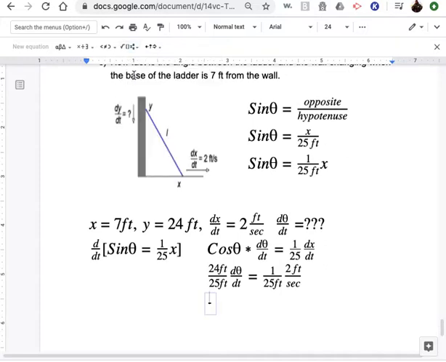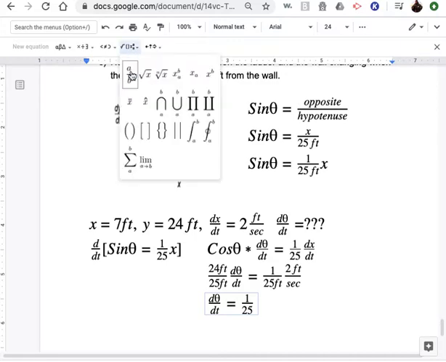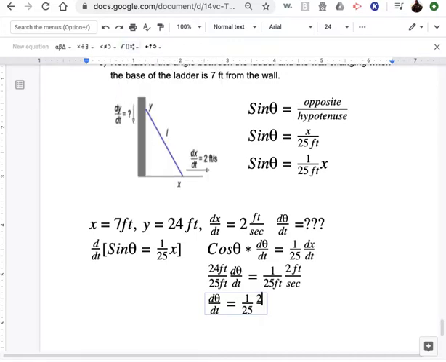So once we divide that over there, we'll have d theta over dt equals 1 over 25 times 2 feet per second, and I'm going to get rid of those units for right now, 2 over 1 times the fraction that was our cosine, which is now going to be 25 over 24.